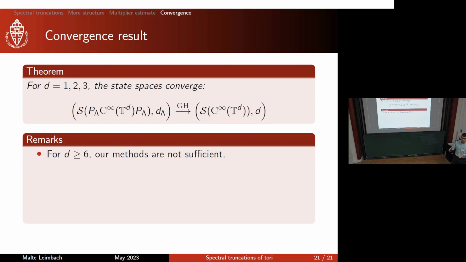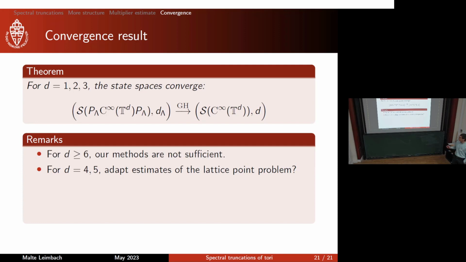Actually, there are lower bounds for these discrepancies in the lattice point counting problem, which tell you this kind of estimate we used, this L2 estimate of the symbol, is just not going to help you. Okay, that's a bit of a setback, but at least we got it for low dimensions. You might ask about dimension 4 and 5, what happens there? It's not so clear. You would have to look a bit closer at this lattice point counting problem.